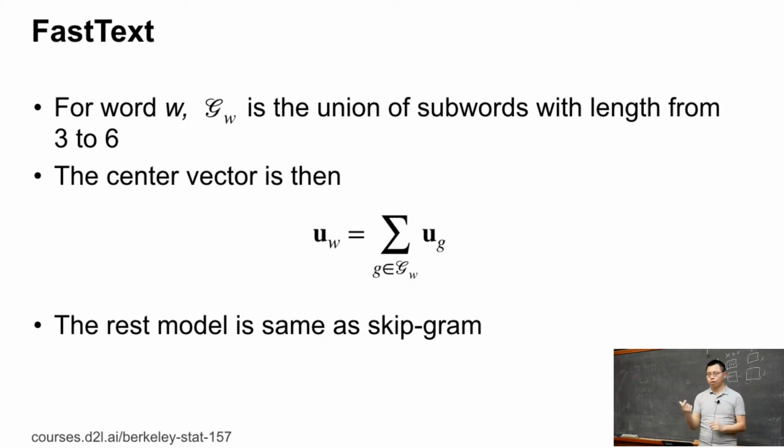Then each subword has its own embedding, like U. The center word is the sum of all these subword embeddings. But that's all: you just apply the normal skip-gram model and you get FastText. So FastText is good at very long words, infrequent words, and words with internal structures.